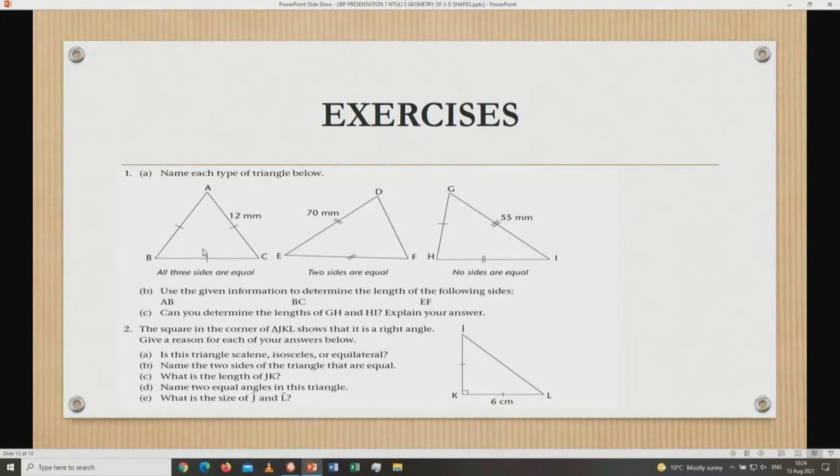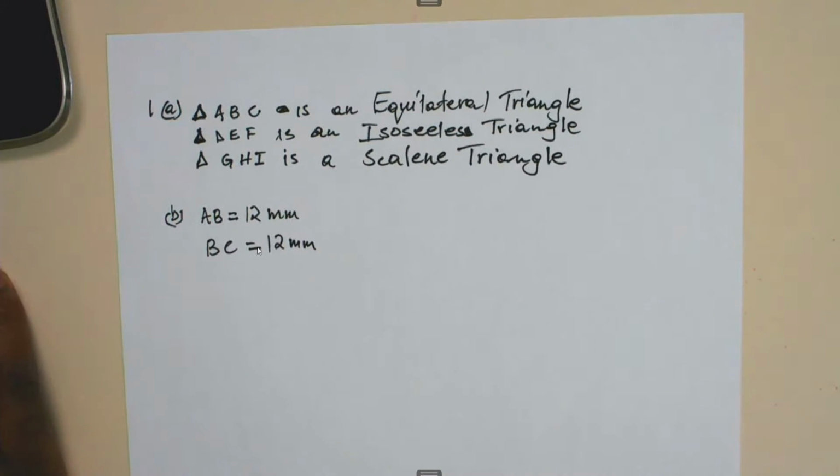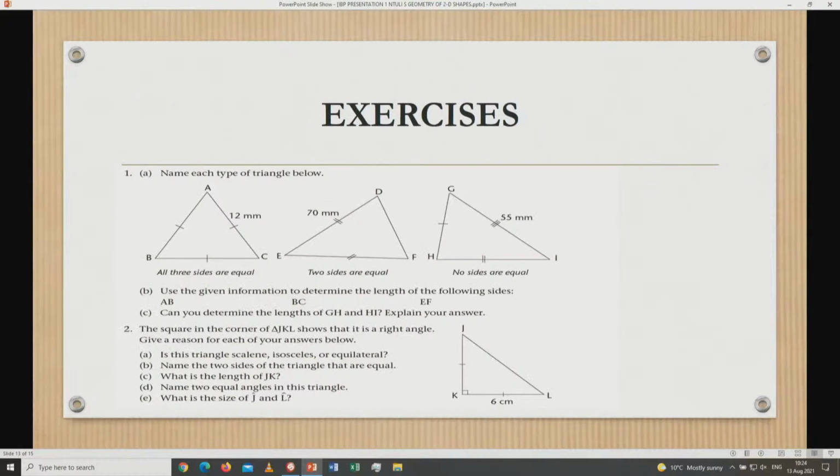Now BC. Which one is BC? BC is also how much? Yes, very good. It's 12 millimeters because it's an equilateral triangle. And then the last one, which is EF.